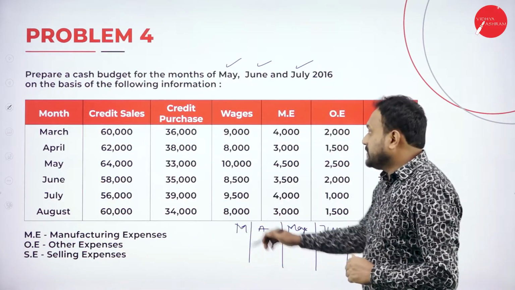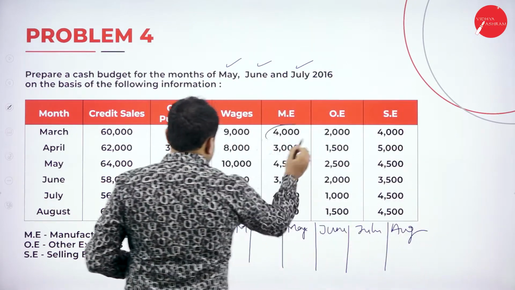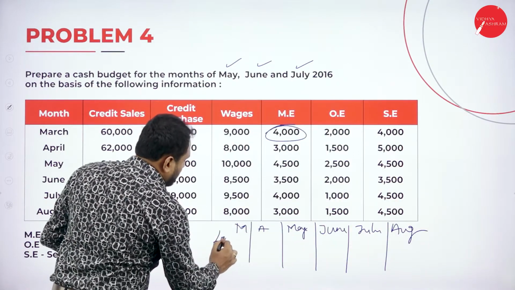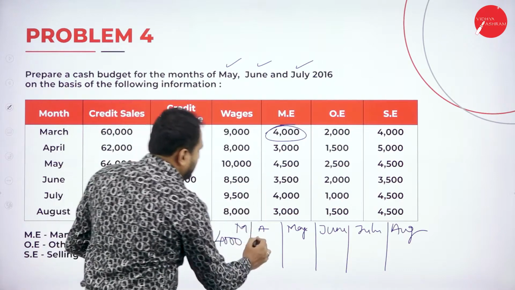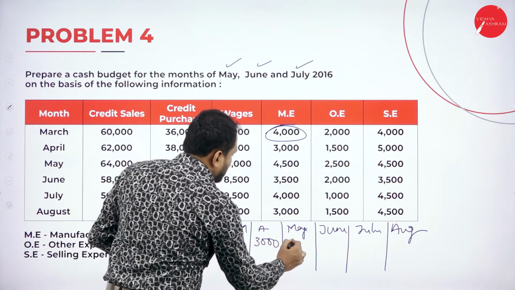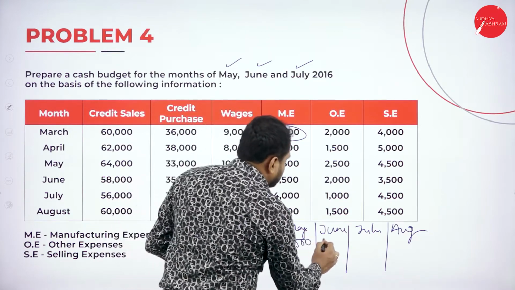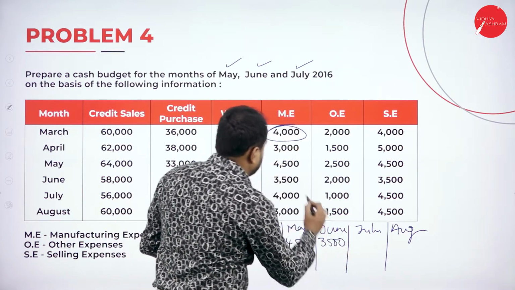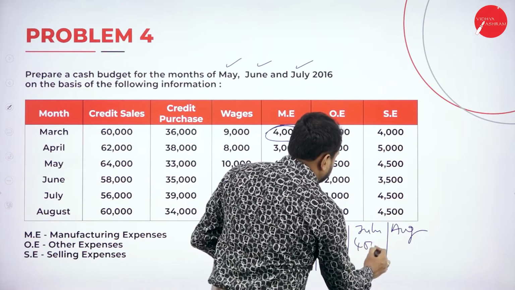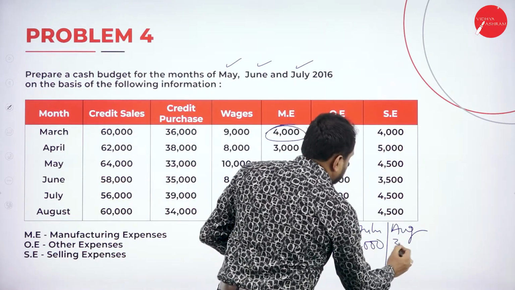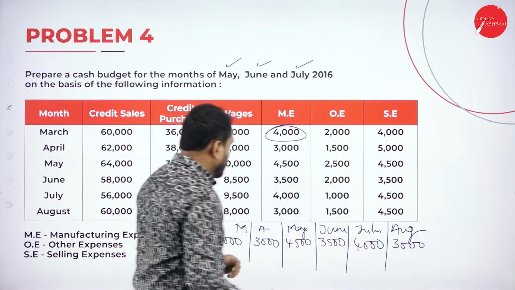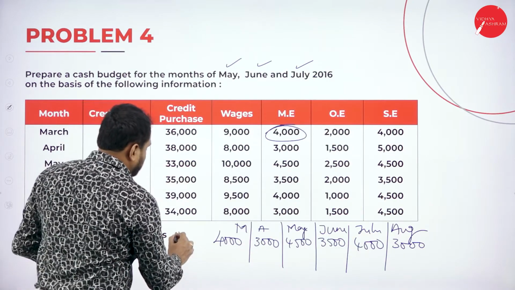So here what happens? March we have 4,000. We'll write here 4,000. Then we have 3,000. Then 4,500. Next is 3,500. Next we have 4,000. And the next one is 3,000. So this is the manufacturing expenses.